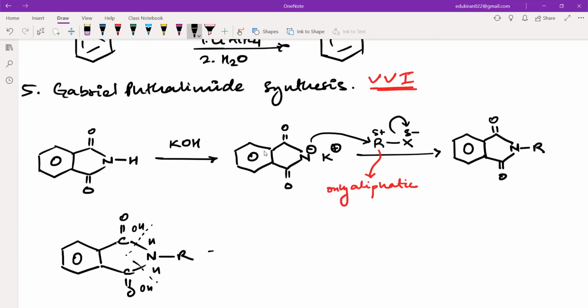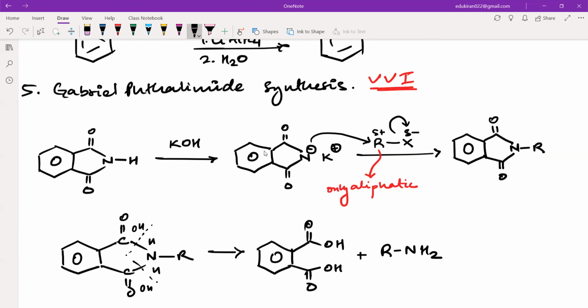So if you have the benzene ring, this carbon atom with double bond O, and there will be an OH group attached here, double bond O, and there will be an OH group attached here. And as you can see, plus you will get R and H2. You'll get R and H2.